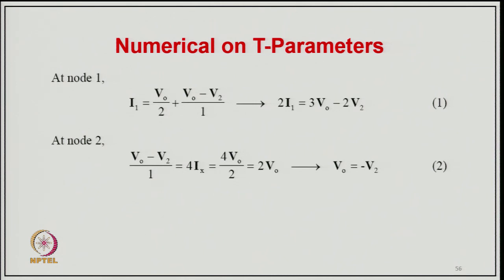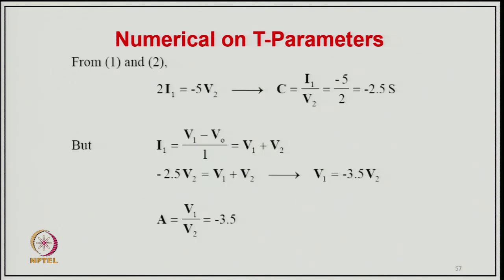So, it gives 2 I1 equal to 3 V0 minus 2 V2, and at node 2, (V0 minus V2) divided by 1 equal to 4 Ix, and from here 4 V0 by 2, that is 2 V0. So V0 equal to minus V2, and keeping the value from here, 2 I1 equal to minus 5 V2. So the C parameter becomes I1 upon V2, that is minus 5 by 2, minus 2.5 Siemens.